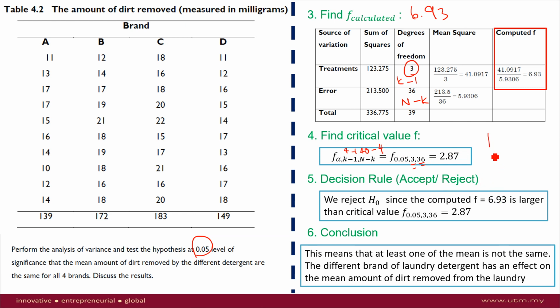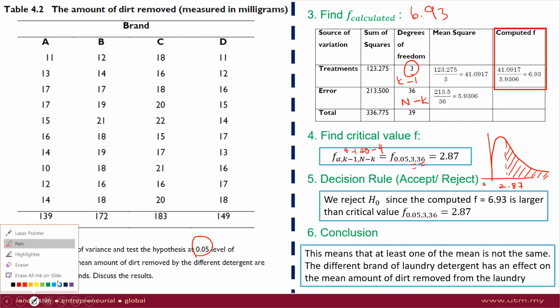Okay, so now you need to check. Remember, the F distribution is like this. The 0 is at the very left corner, and your F critical is about 2.87. So maybe, for example, around here, 2.87. So now your computed F is 6.93. Remember, the rejected region is to the right side. Now we want to check whether we should reject or accept the hypothesis.